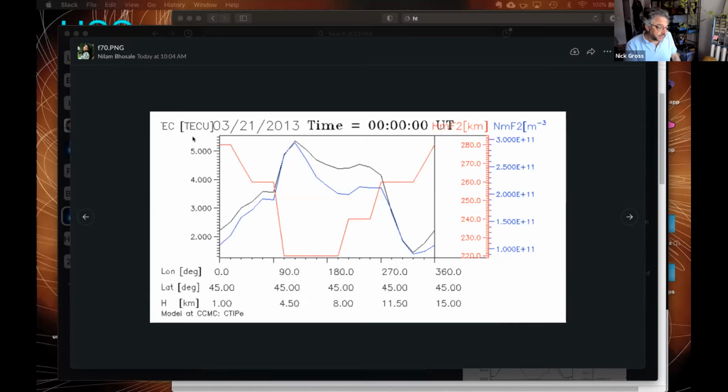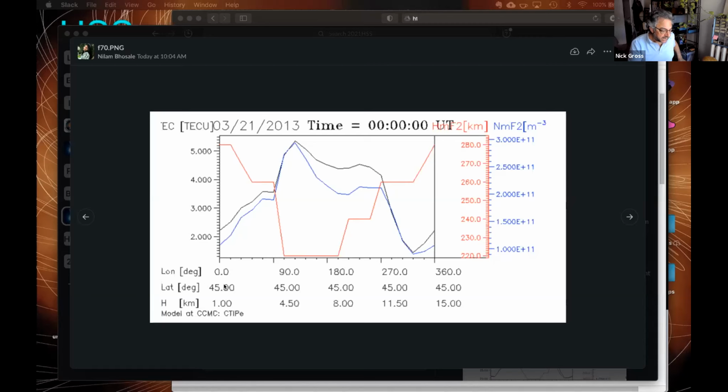So you can see that you've got TEC on the left-hand side in black, and then NmF2 is in blue, and it's covered up, but the hmF2 is in red. There are height variations here, but it doesn't matter because these are height independent.